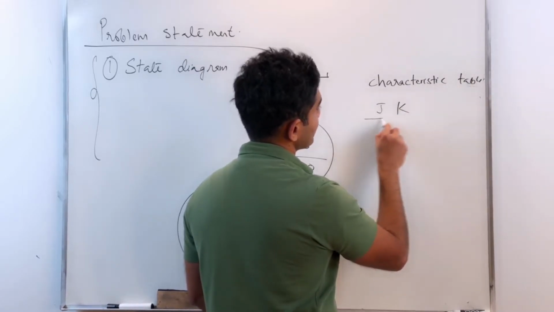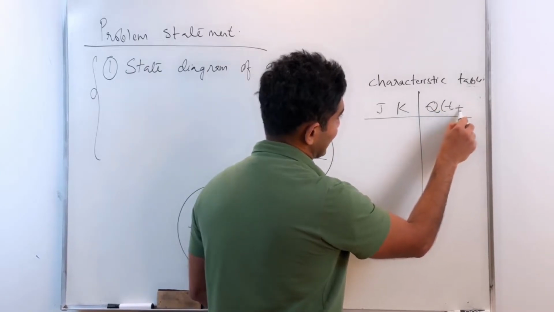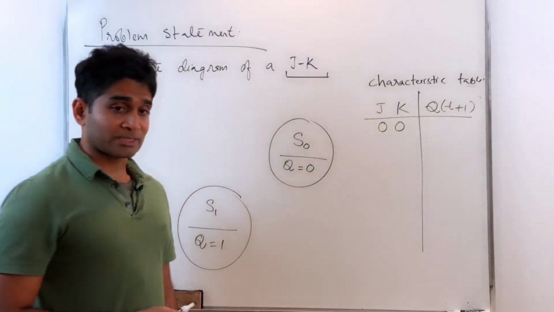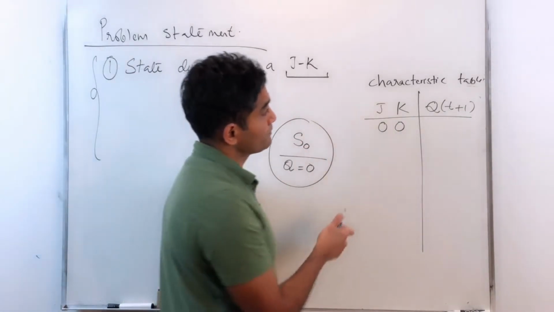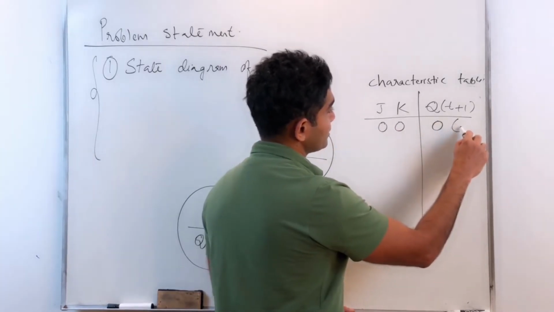Two inputs J and K. This is what is going to happen in the next active edge. If I apply 0, 0 on J and K, in the next active edge, my Q(t+1) becomes 0. That's the reset state.